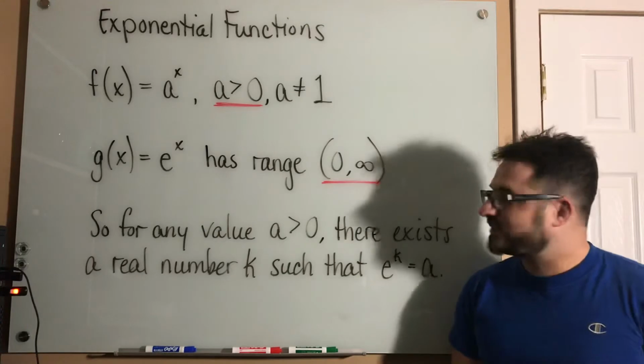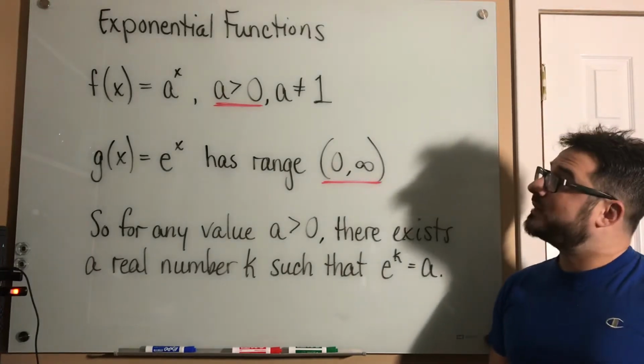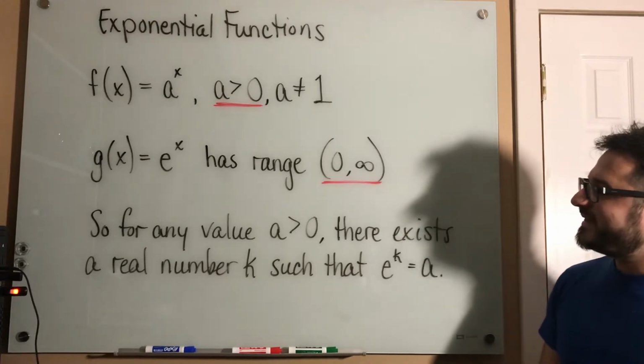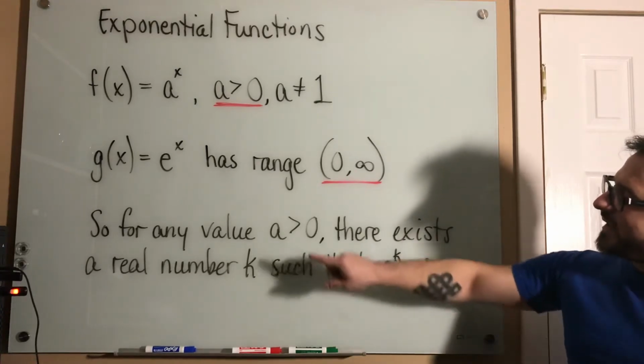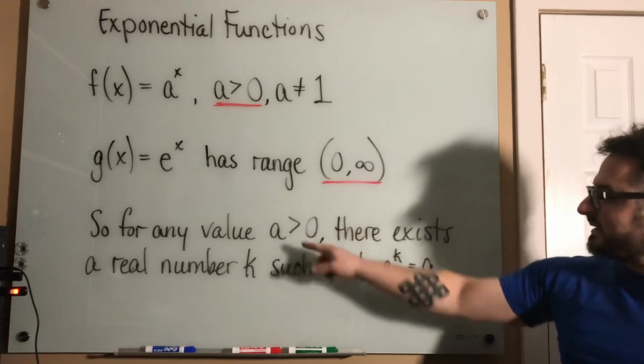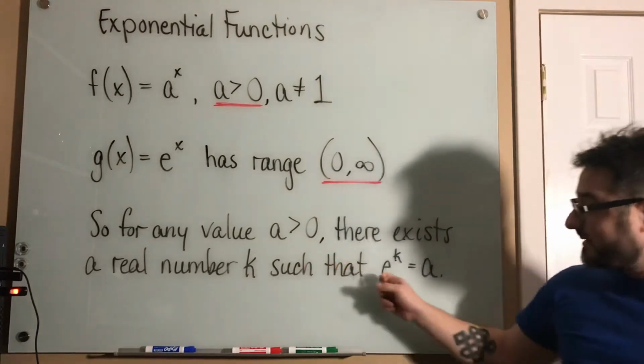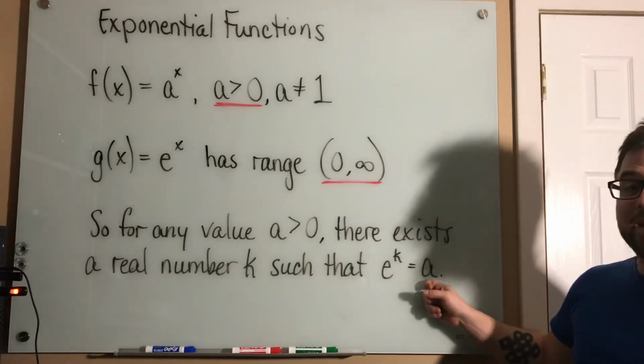This fact right here is what we need in order to be able to do the derivative of any exponential function. The idea that for any value a that is positive, there is some value k such that e to the k equals a.